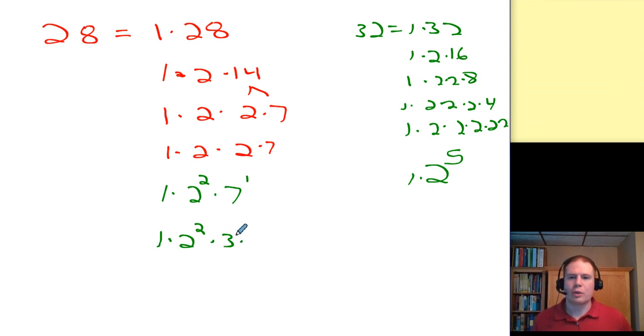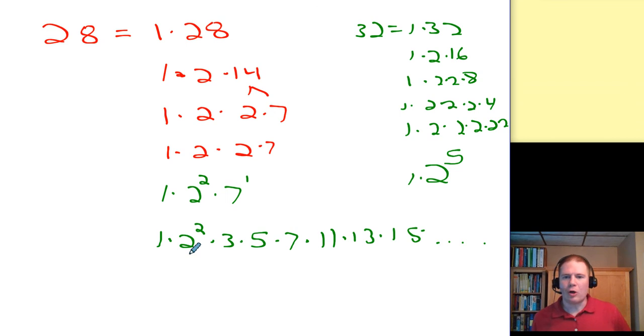The next whole number after 3 is 4. 4 is not prime, that's 2 times 2. After 4 comes 5. 5 is prime. Then 6. 6 is 2 times 3, so that's not prime. Then 7. Then 8, that's 2 times 2 times 2. Then 9, that's 3 times 3. Then 10, that's 2 times 5. Then 11. Right, we can go through and list all the prime numbers.